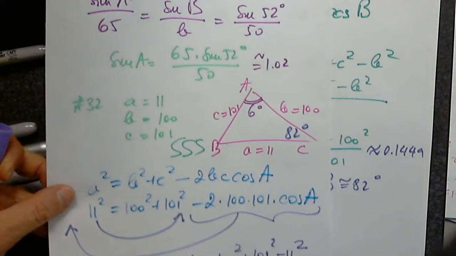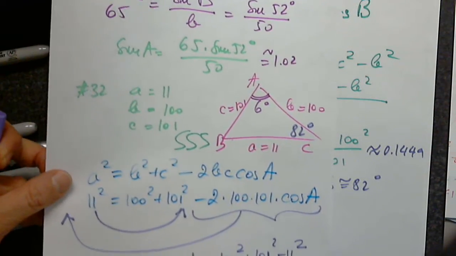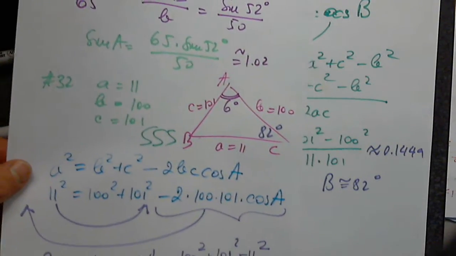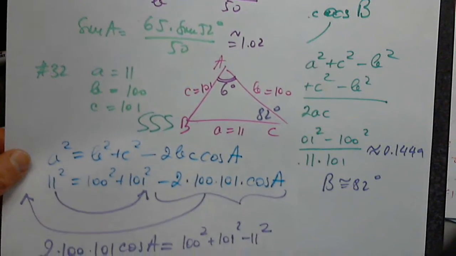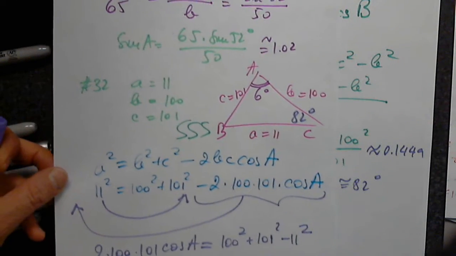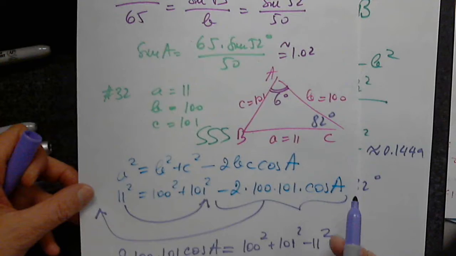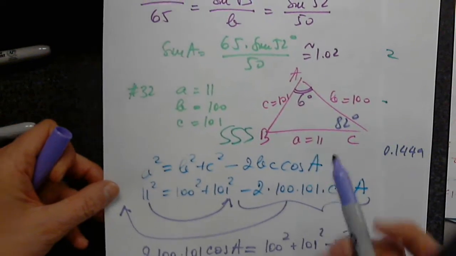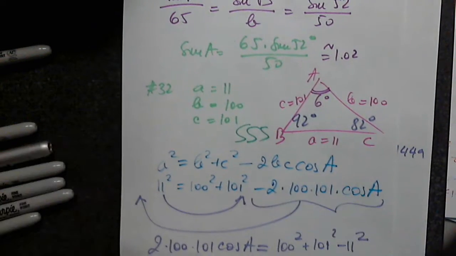So then 6 plus 82 is 88. And when I subtract 180 minus 88, I get that, and that's law of cosines.